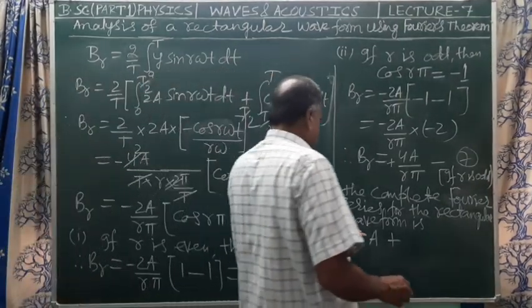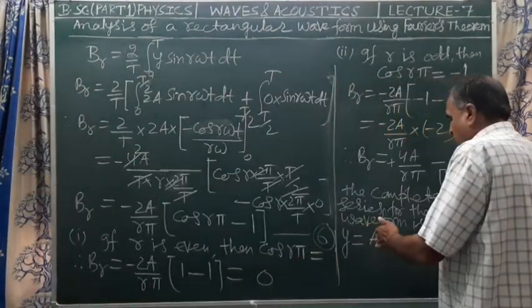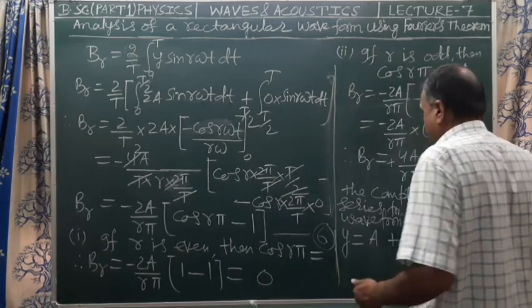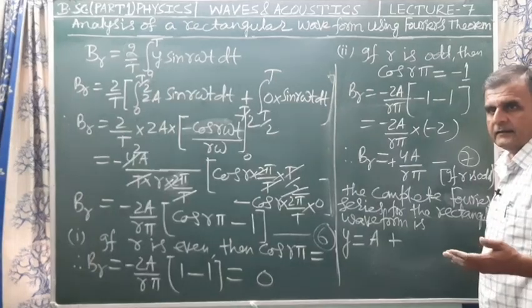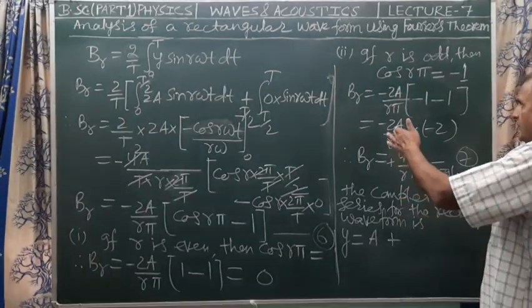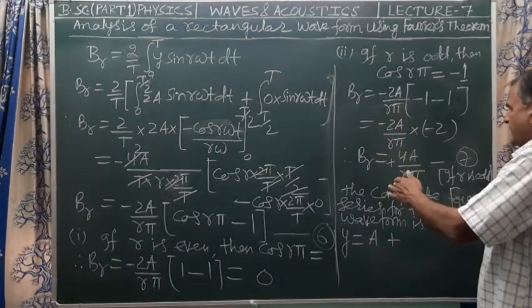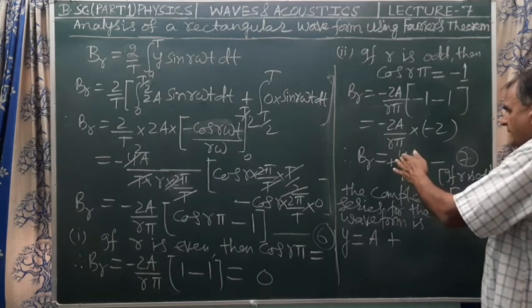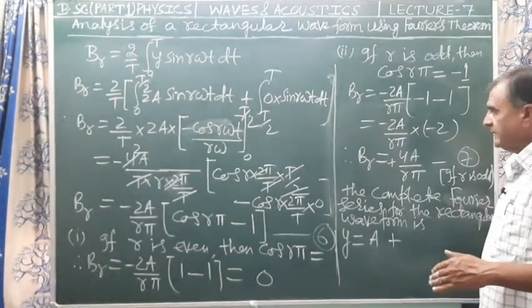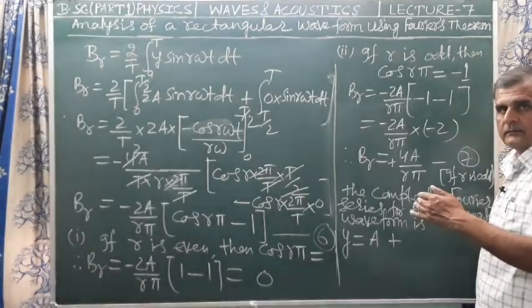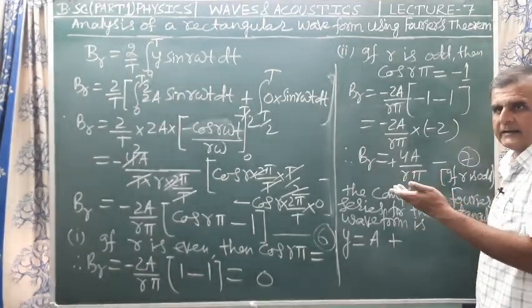So we have first term a0 is equal to a, plus now the odd sine terms. First term is 4a upon pi, putting r is equal to 1, sin 1 into omega t, that is sin omega t.